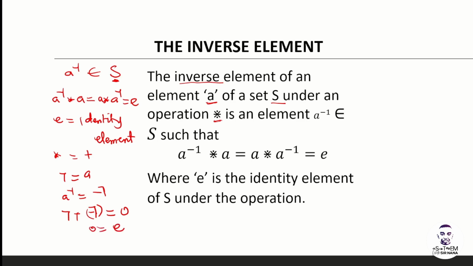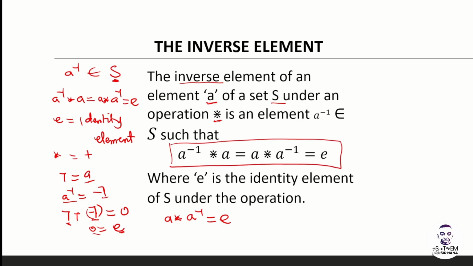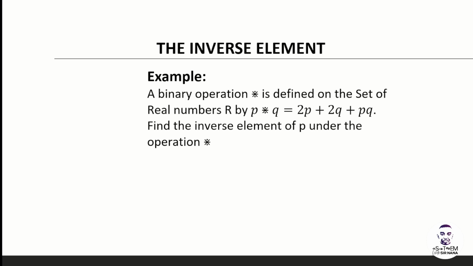So our 7 is A, -7 is A inverse, and our 0 is our identity. So we can write it as A operation A inverse is equal to E. So the general form for finding the inverse in terms of variables is A inverse operation A, or A operation A inverse, equal to the identity element.